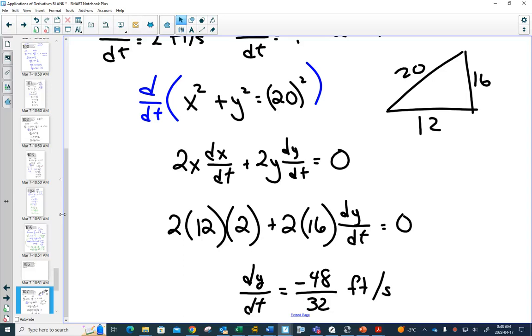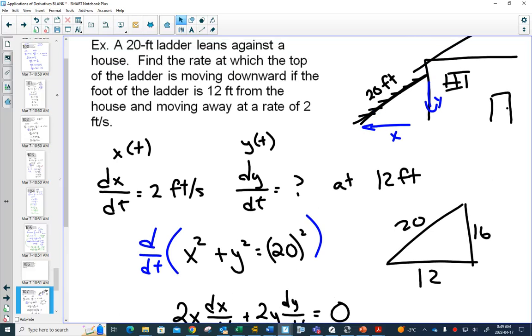That x value is changing all the time. The y value is changing. We're allowed to plug in 20 for the hypotenuse because that is always going to be the same. It's not changing. But if things are changing, then you have to leave the variables in place before you take the derivative.